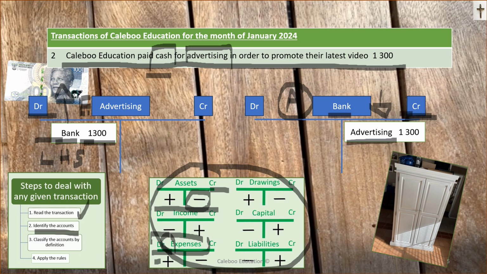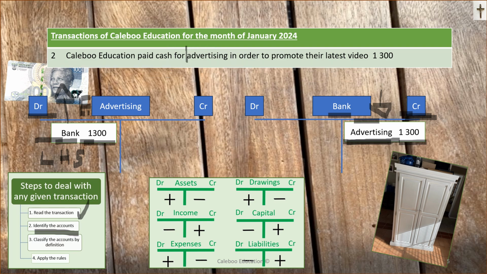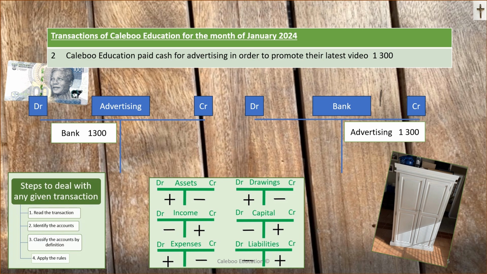The name of the contra account is written under, if we had the column headings here, there would be a column heading for details. We write the name of the contra account, advertising, and the amount is 1,300. So if I just show you the finished T account entries, advertising was debited and bank was credited.